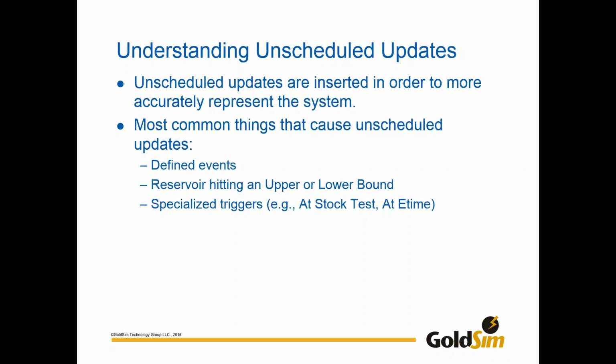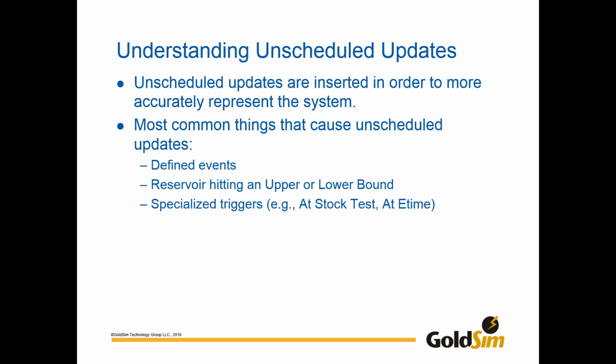But we hit an upper bound or a lower bound, we run out of water, or we hit some capacity in the reservoir in the middle of a month. What does GoldSim do? It doesn't wait till the end of the month. If you do that, you have an inaccurate result. What it does is, at the point it hits that upper or lower bound, it inserts a new time step.